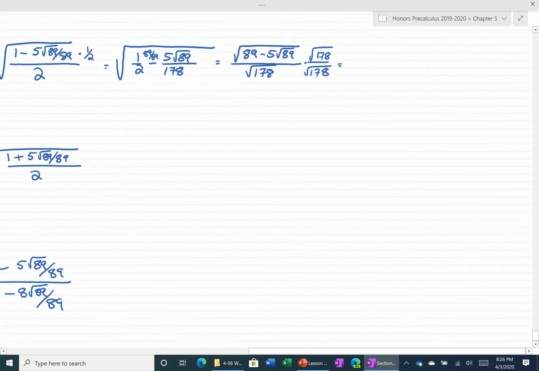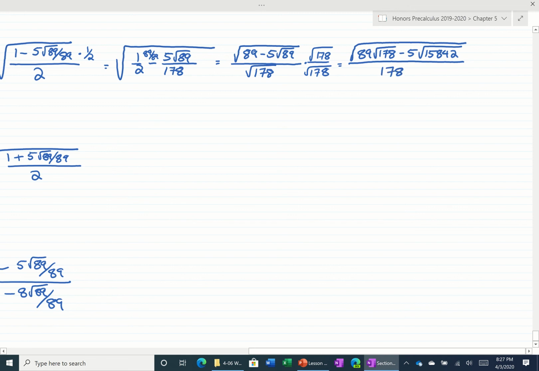And this would give us our final answer of the square root of 89 minus 5 root 89 times root 178, where 89 times 178 is 15,842, divided by the denominator of 178.